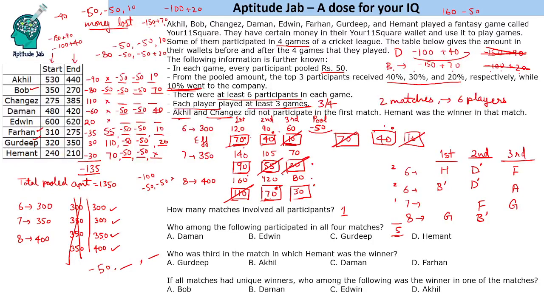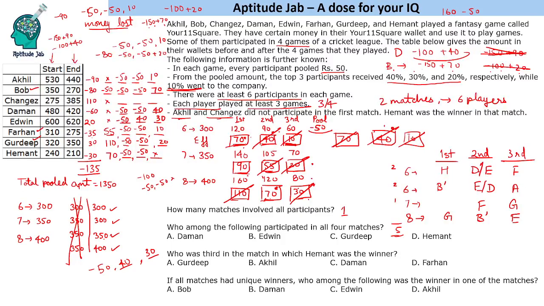How can he gain 70? 40 plus 30 will make it 70. The only way that he can make 20 is minus 50, 40, and 30. So 40 means he will be second in this match. So this is Edwin. So in one of the matches it will be Daman, in one of the matches it will be Edwin. So he makes 40 in the match and he makes 30 in another match. That is getting a third position in this match.